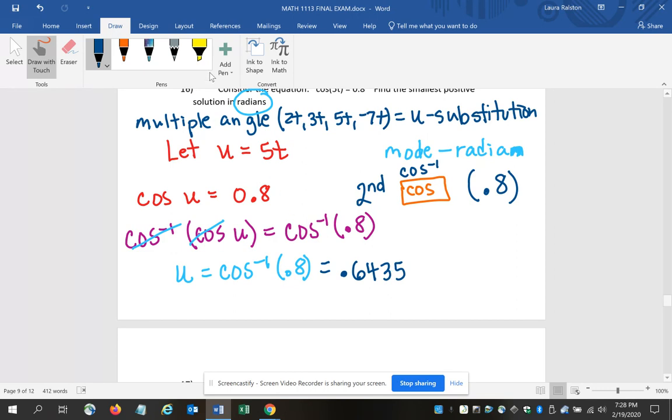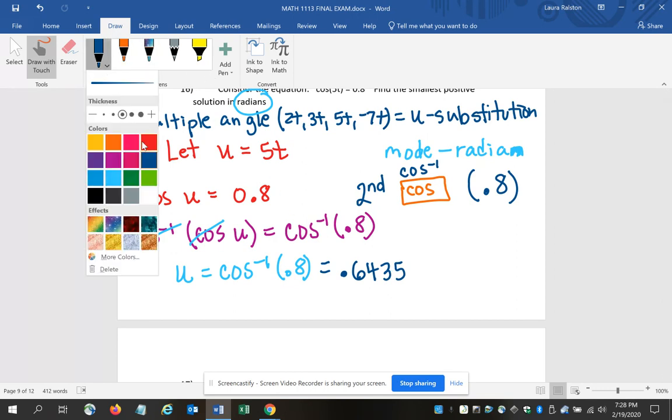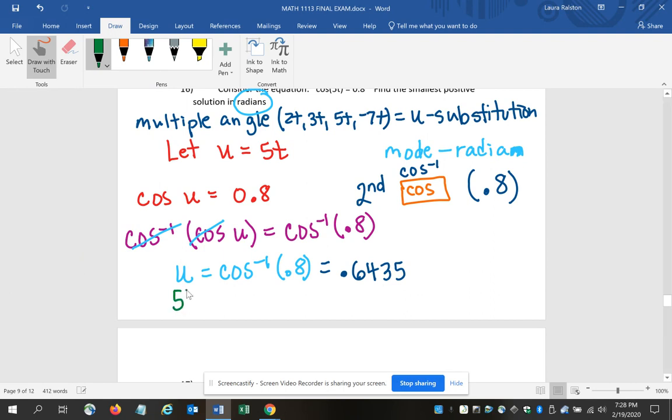But now, guys, don't stop short. Many of you will think, well, oh, I'm done now because I've solved for u. But remember, we're doing u substitution. So ultimately, u was 5t. So 5t is 0.6435. I'm ultimately trying to solve for t.